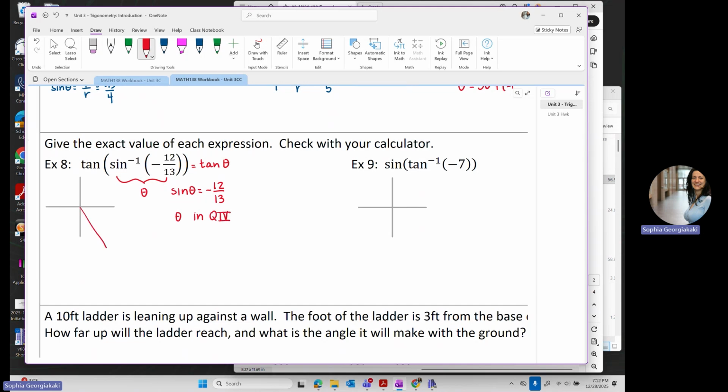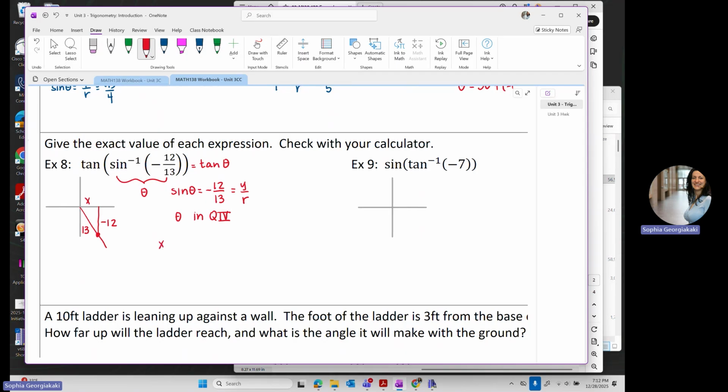So I'm going to sketch an angle in quadrant 4, pick a point on the terminal side, sketch the right triangle that attaches to the x-axis, and express the sine of theta as y over r to get me the values of y and r. Y is negative 12 and r is 13. I can find x using the Pythagorean theorem.